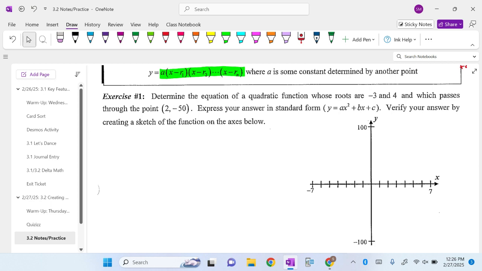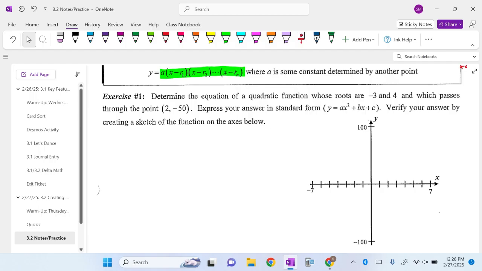So in factored form, it's when you add up the exponents. In standard form, or ax squared plus bx plus c, the degree is usually the what? The highest exponent. All right. So it's usually based off the degree. It's also based off of the end behavior. And it's based off of its dance moves. All right.